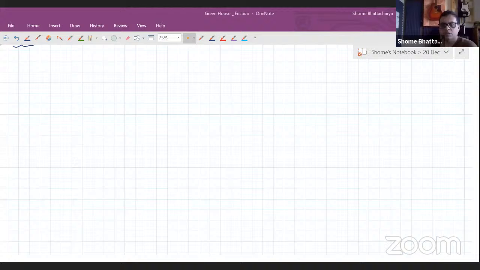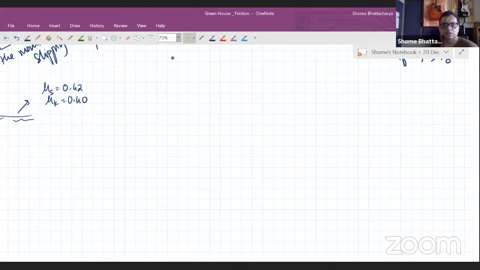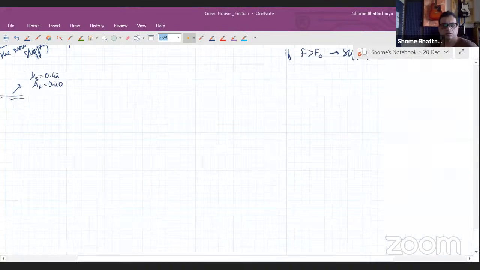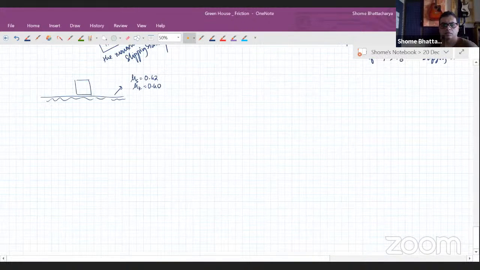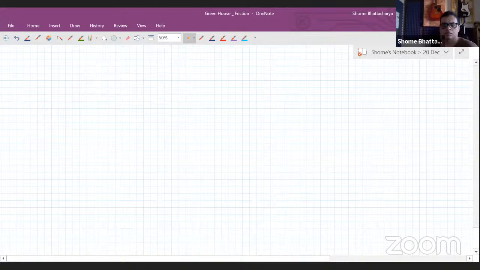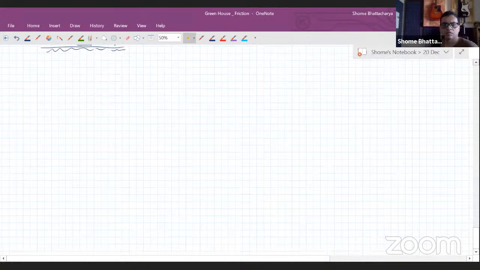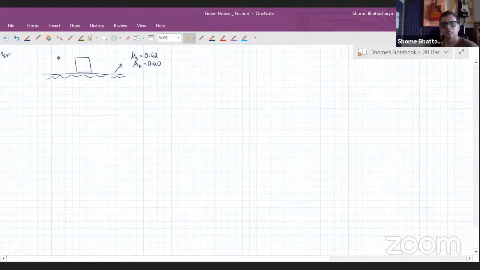Yeah, let's come back to this. So as I was saying, suppose the values given to us are like this. Now the mass of the block is 10 kg and g is 10 meters per second square.